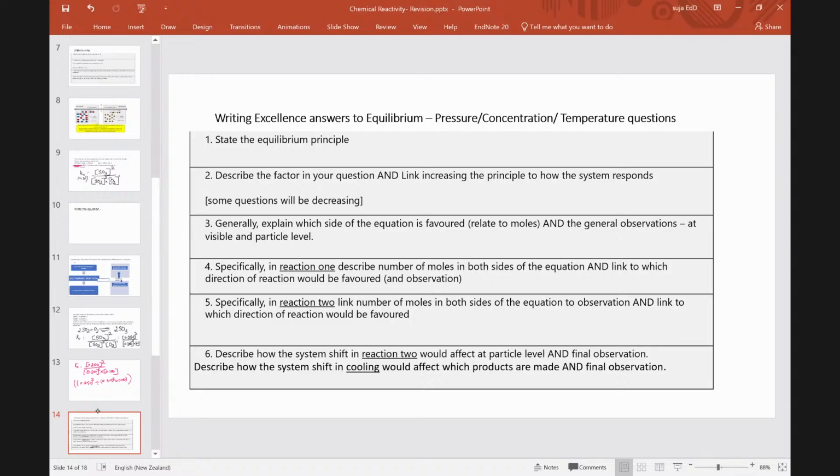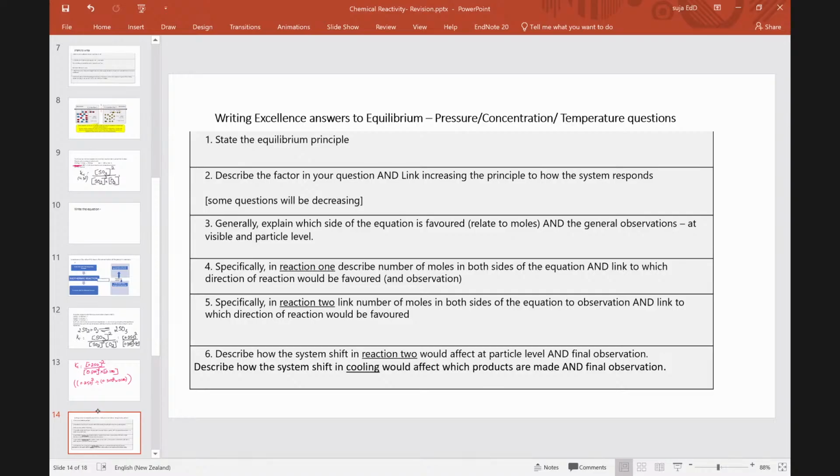The equilibrium answers follow the same pattern. If the pressure or the concentration is increased or decreased, either the forward reaction increases, or if it is decreased, the reverse one.